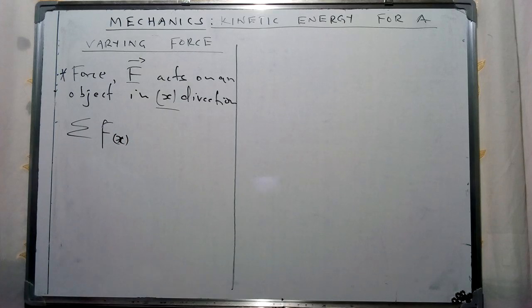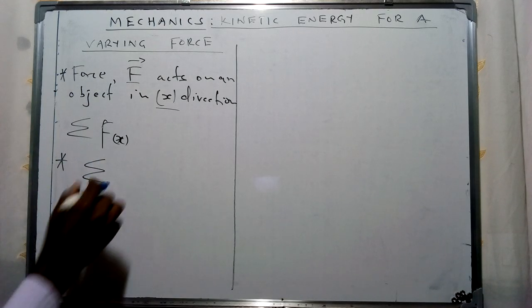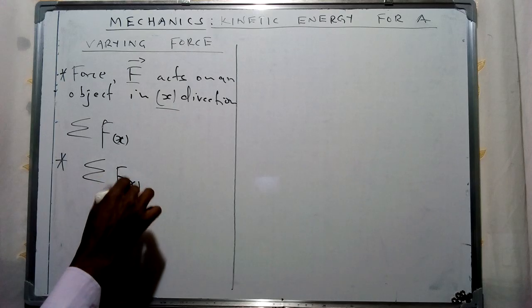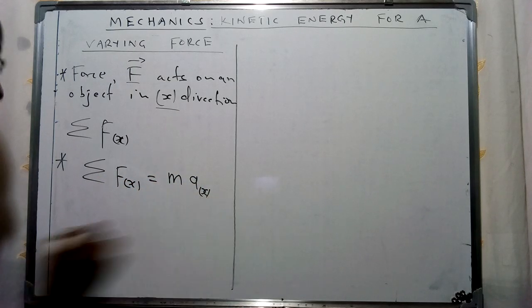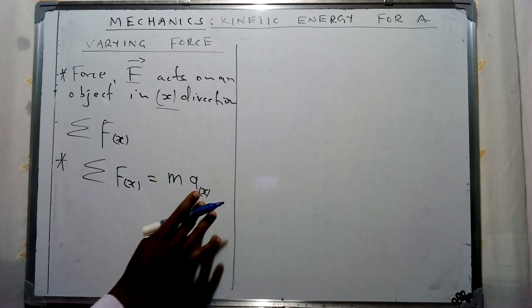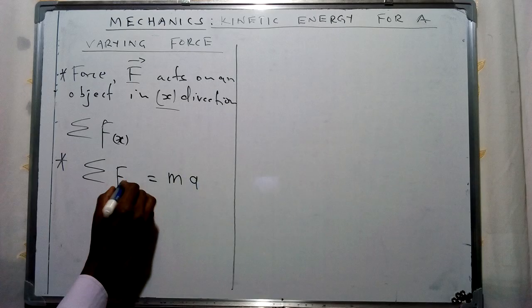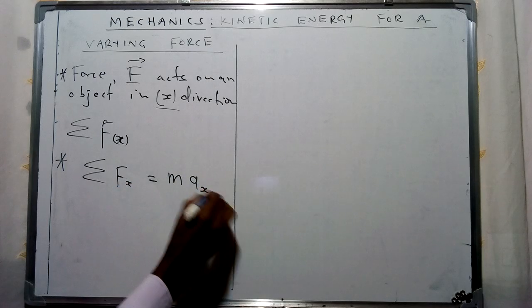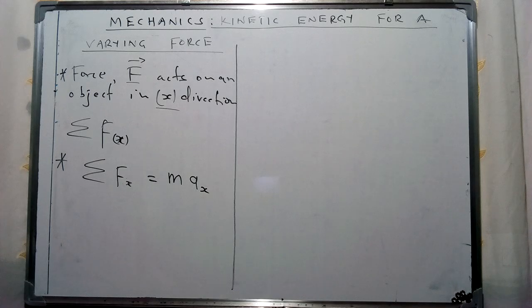And therefore, we are going to consider Newton's second law of motion, which we had stated, and have this summation of the force in x given in terms of mass times acceleration in the x direction. So we can just leave this one without introducing the brackets. We're going to have the force in the x direction equivalent to mass times acceleration in that specific direction.